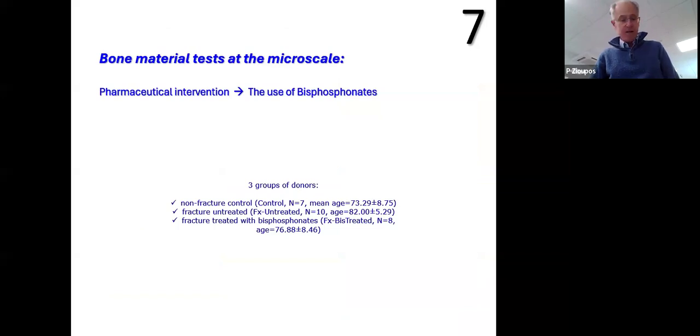Okay, what else can we look at? We can characterize bone before and after pharmaceutical interventions. Like what? Use of bisphosphonates, for instance. If you don't know, bisphosphonates is what we use nowadays to combat osteoporosis. Bisphosphonates, in practice, kill osteoclastic cells.